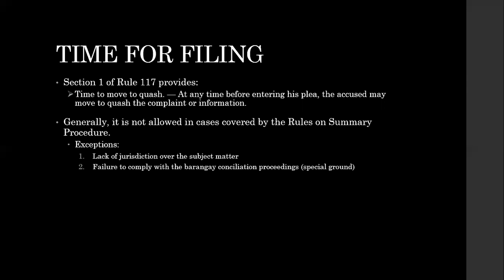And the effect if the accused fails to file a motion to quash before arraignment is that he is deemed to have waived his right to raise any objections on the extrinsic validity of the complaint or information, or on the intrinsic validity in the face of the information. So that is generally the effect, again, save the exceptions provided for under the rules of court. So there are exceptions to that rule.